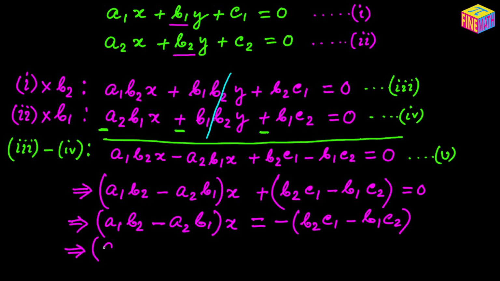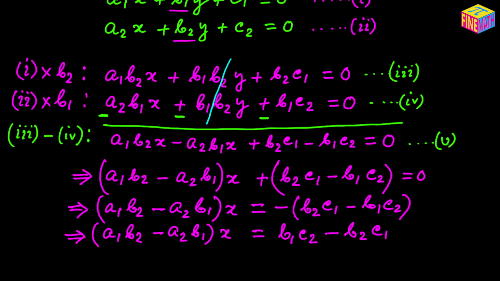We write a sub 1 b sub 2 minus a sub 2 b sub 1 times x is equal to, now if we remove the parenthesis, b sub 1 c sub 2 will become positive, and b sub 2 c sub 1 will become negative. So I am going to rearrange it like this, writing the positive one first: b sub 1 c sub 2 as the positive term, and then the negative term will be b sub 2 c sub 1.